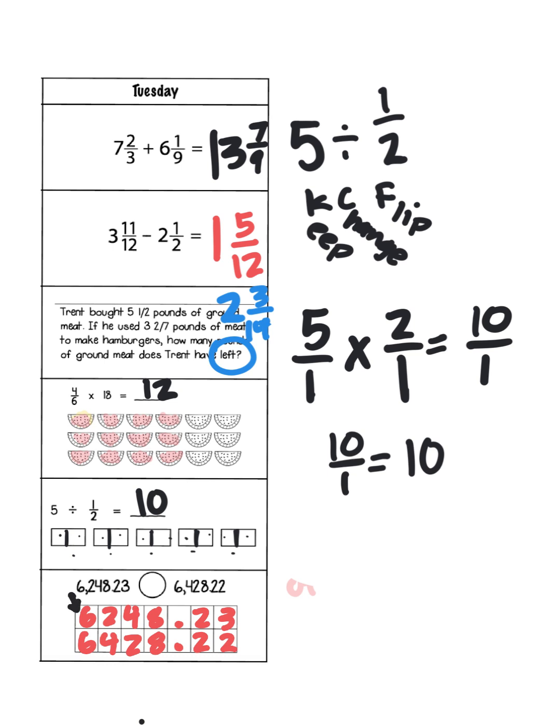But when I look at the hundreds place, this 4 is larger than the 2. So that is a clue that 6,428 and 22 hundredths is greater than 6,248 and 23 hundredths. Great job, guys.